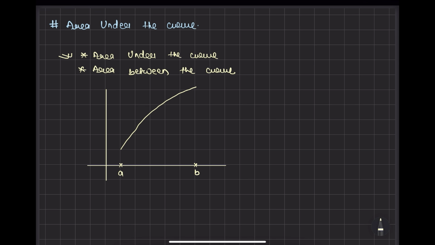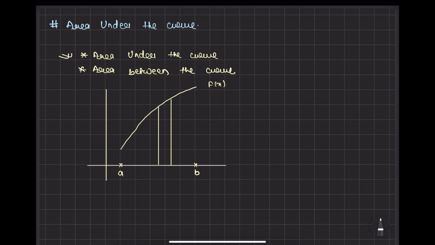You have to find the area of the function f of x in the given interval a to b. So we will break this down into many small parts. Suppose we take a very thin strip and magnify it.